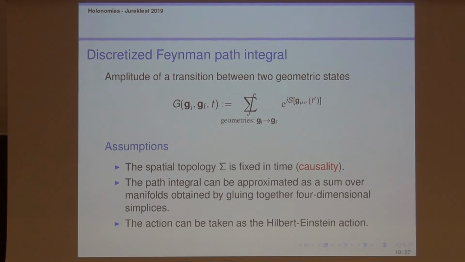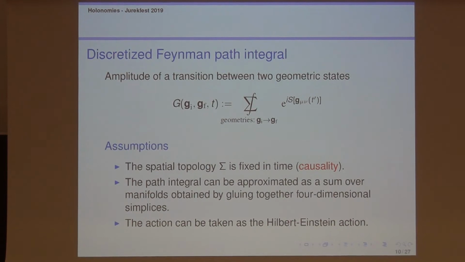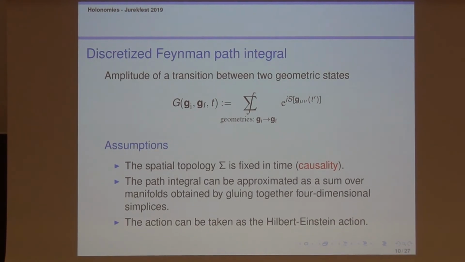At this point, it's just formal, but what we assume is that, first of all, we restrict the class of geometries which we have to consider in this path integral, by assuming that the spatial topology of this manifold is fixed. Usually it's fixed and closed.